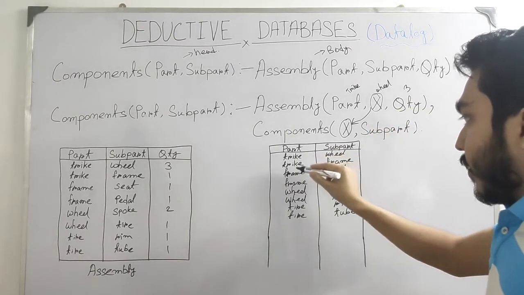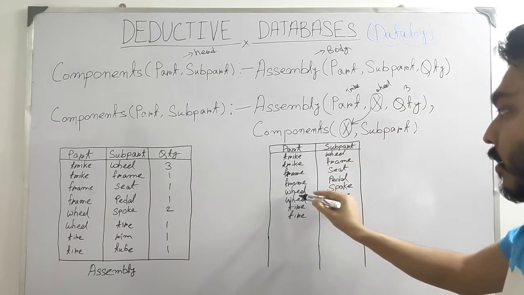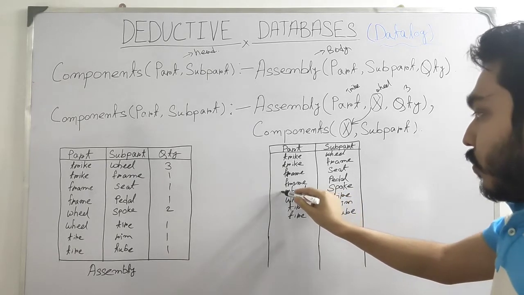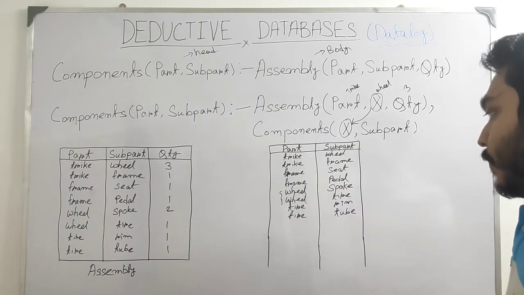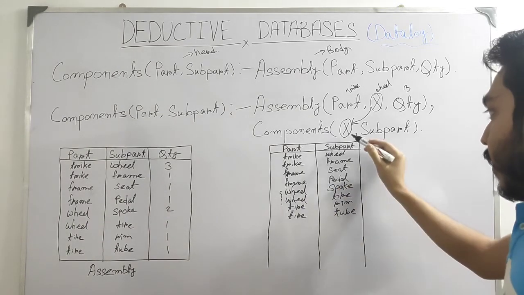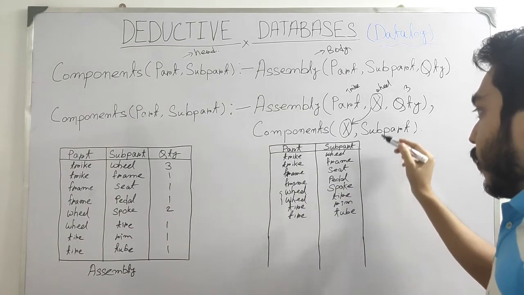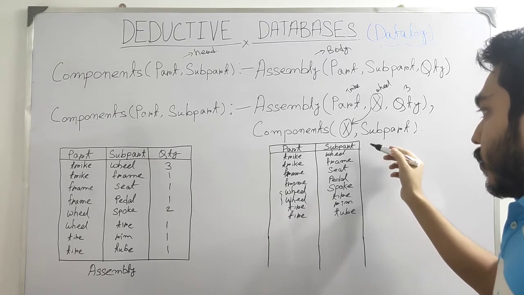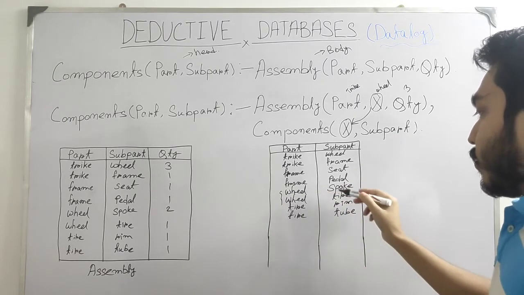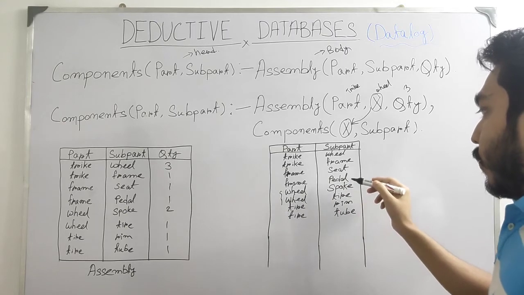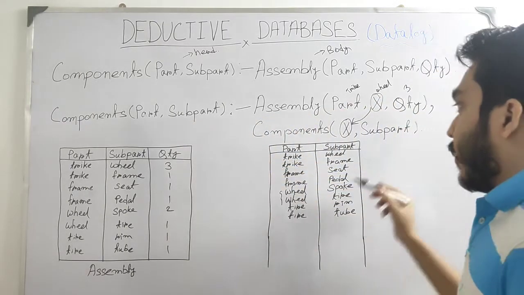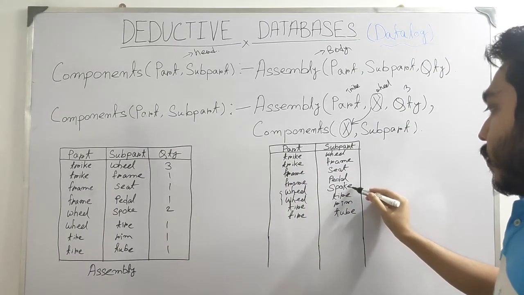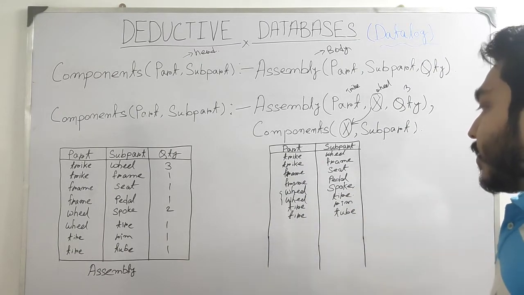Okay, I got it. I got 2 tuples for which wheel is a part and it has some subpart. So our component relation will get 2 new tuples with trike as the part, and spoke and tire as the subpart.